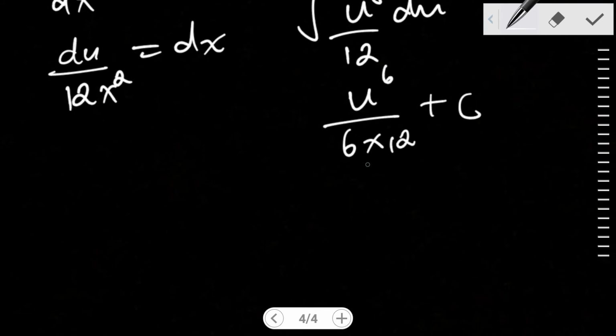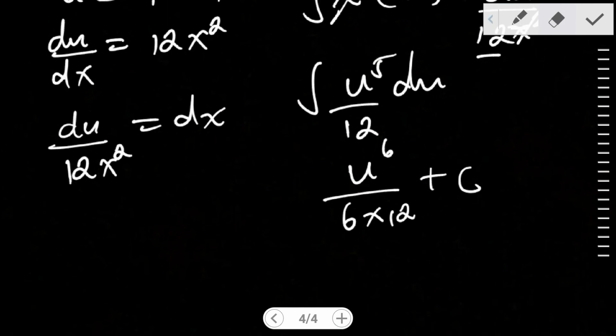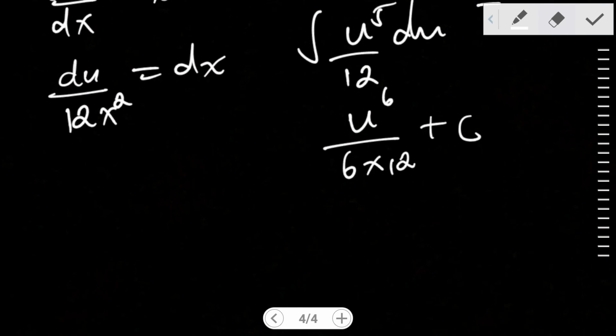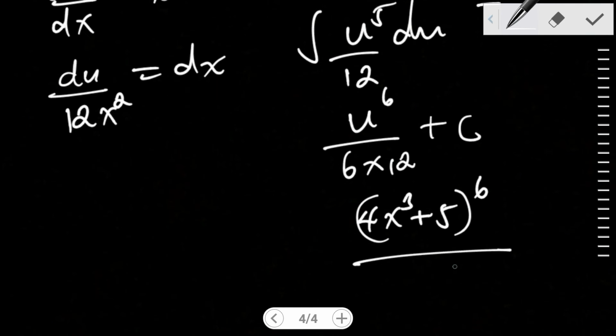And so we have our u as something: we had 4x cubed plus 5, so this is (4x cubed plus 5) to the power 6 all over 72 plus our arbitrary constant.